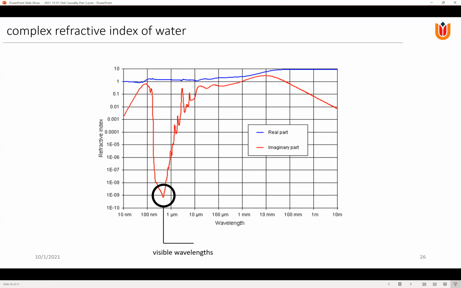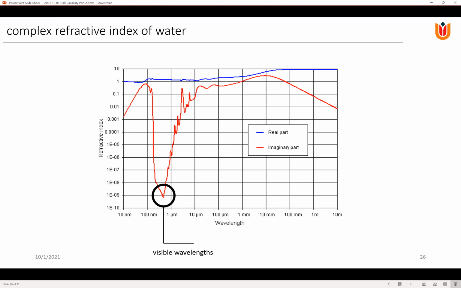The red part is the imaginary part, which is related to the absorption coefficient. It's a log scale, in the range between 100 nanometers and 1 micrometer. So that is, very roughly, the visible range, and there is a huge dip in the imaginary part, which means a huge dip in the absorption coefficient, which means that we can see through water.